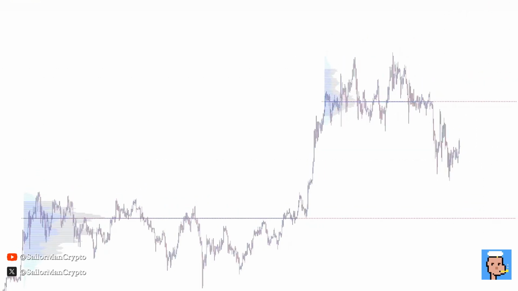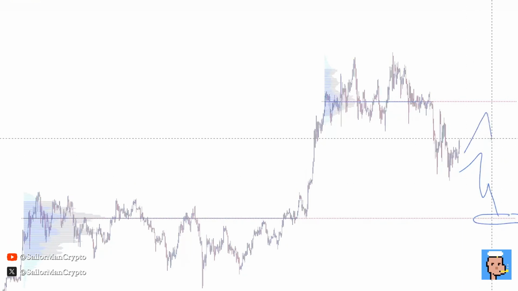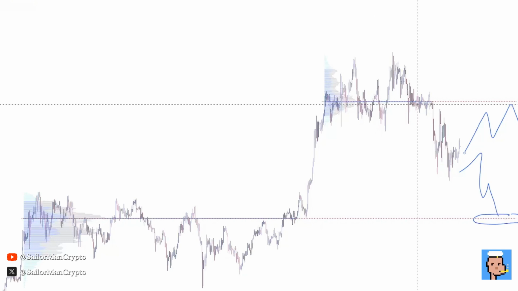So potentially, if the price visits down here, we can expect this level to be strongly defended and to give a support. And the other way, we can expect this level to be a strong resistance level.